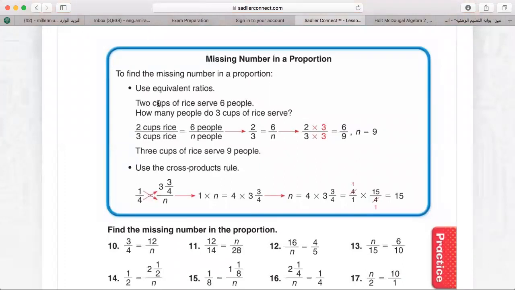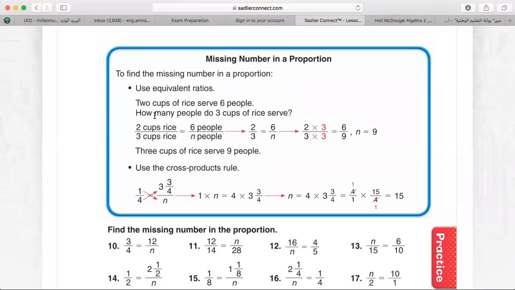How am I going to do this one? 2 cups of rice serve 6 people. How many people do 3 cups of rice serve? If I write it as a ratio, as a fraction, I'm going to write it like this: 2 cups of rice over 3 cups of rice is equal to 6 people over n people, because I want to know how many people 3 cups of rice serve.